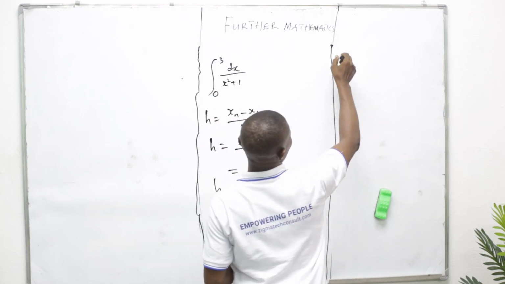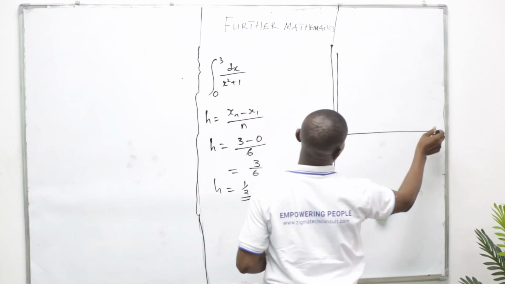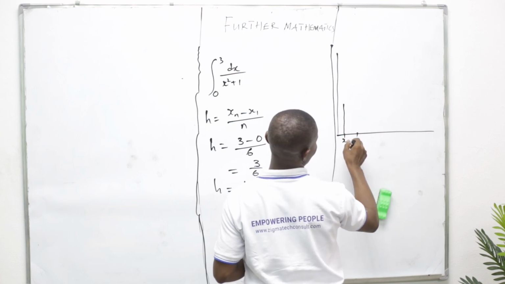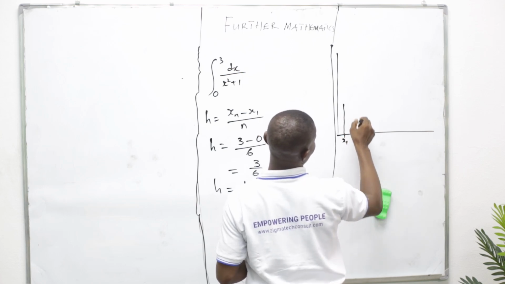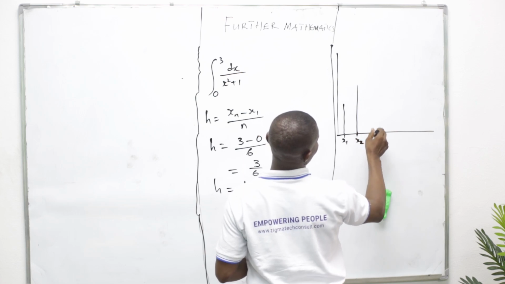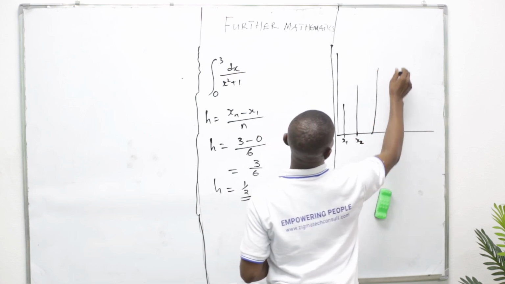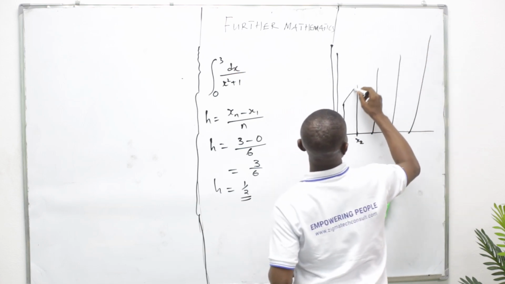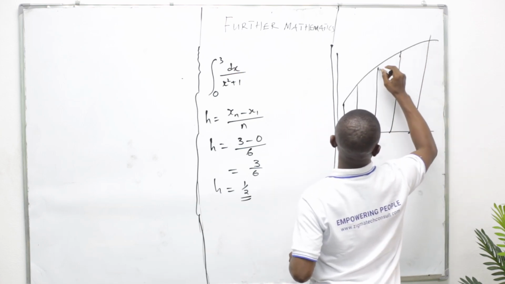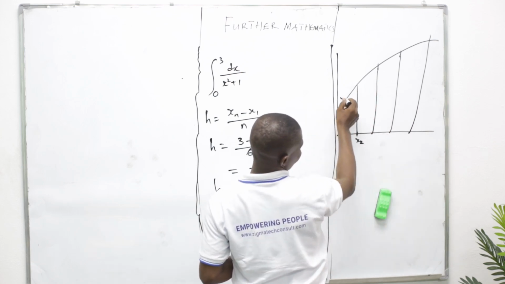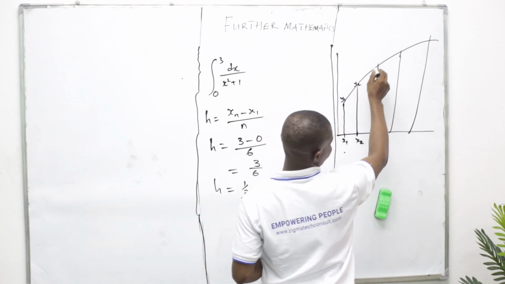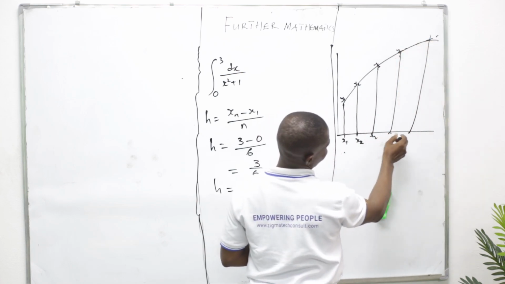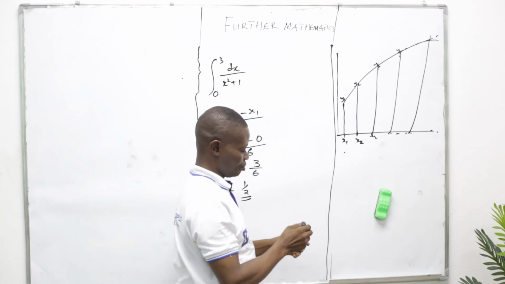If you have a line, you are starting S1, S2, S3, S4. This is the way the trapezoidal rule climbs, and as you're doing it, you're also creating your y: y3, y whatever.